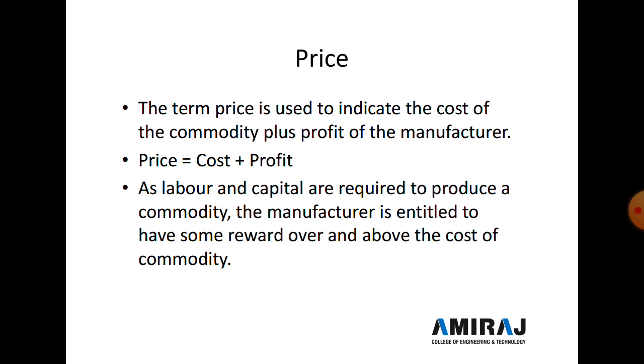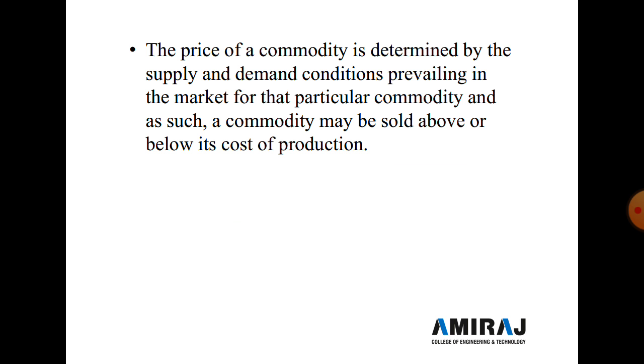As labor and capital are required to produce a commodity, the manufacturer is entitled to some reward over and above the cost of the commodity. The price of a commodity is determined by the supply and demand conditions prevailing in the market for that particular commodity, and as such a commodity may be sold above or below its cost of production.